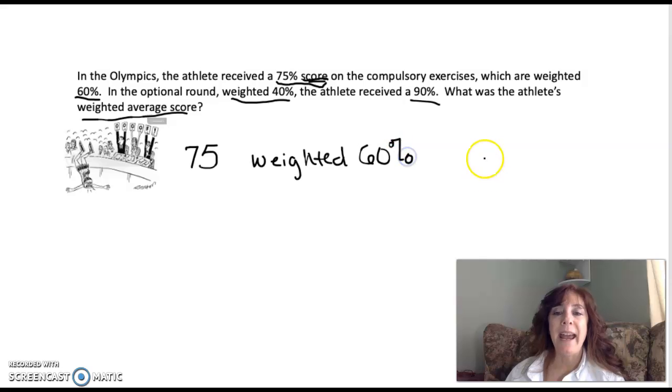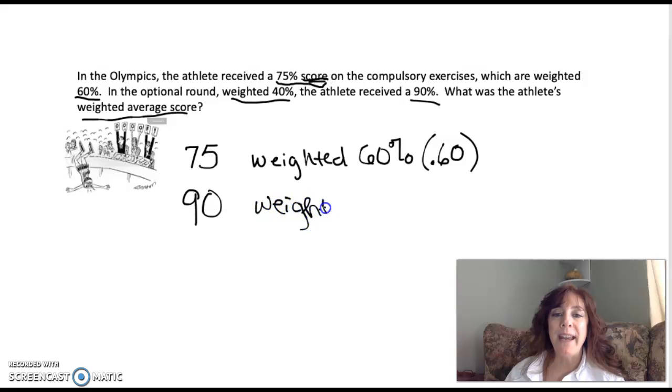Now that's 60 out of 100, and you learn to write that percent as 0.60, kind of like money. The second score was 90%, and we're going to write that as 90, and that score was weighted 40%, and you learn to write that as 0.40.